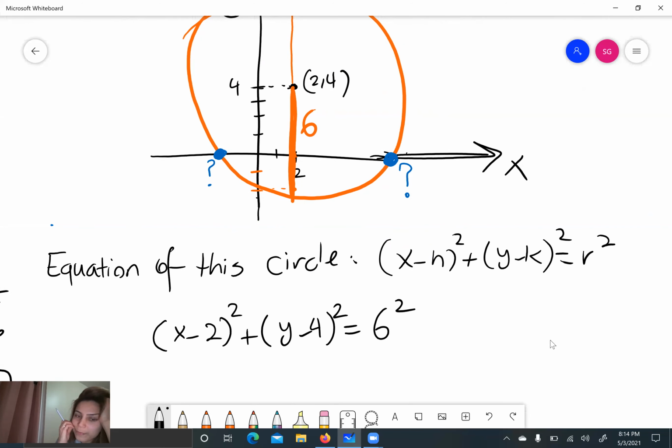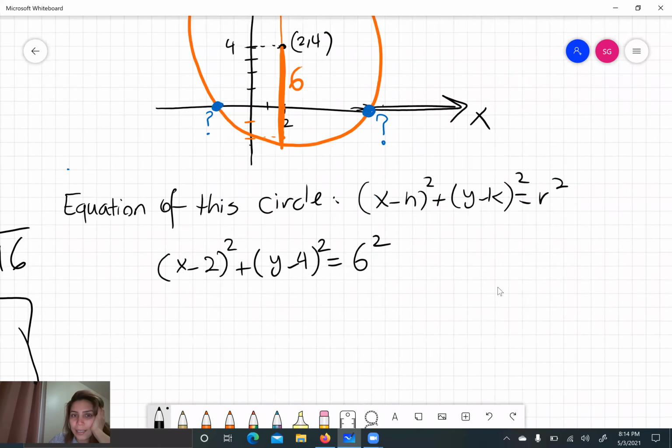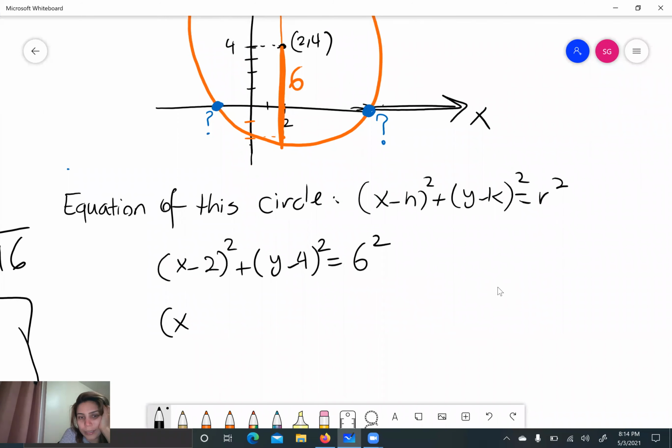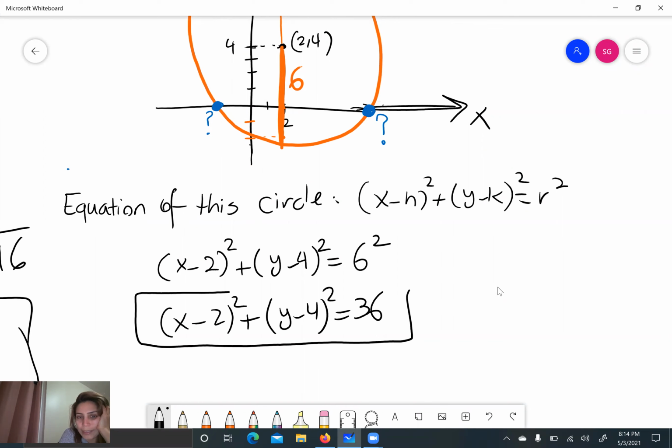So that's the equation of this circle. If you want, I can simplify it a little more. It's going to be (x minus 2) squared plus (y minus 4) squared equals 6 squared, which is 36.